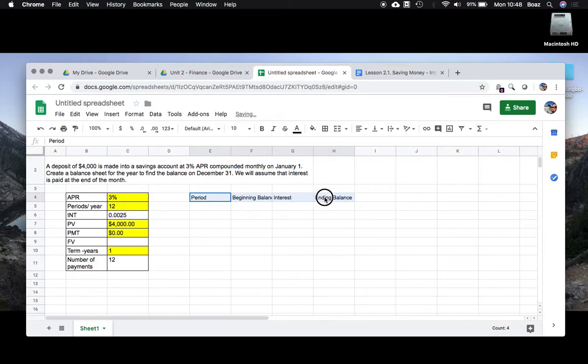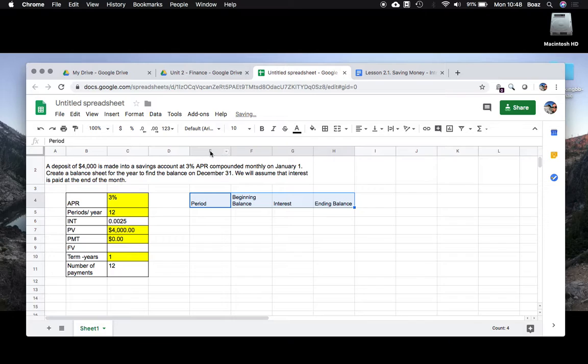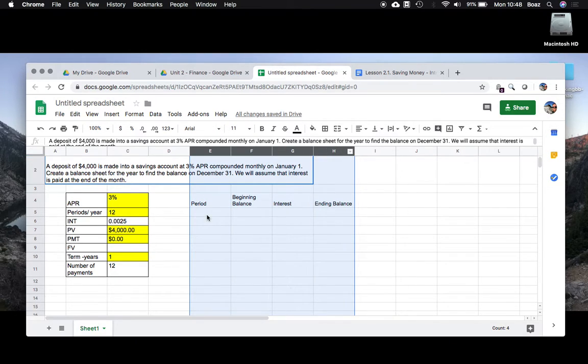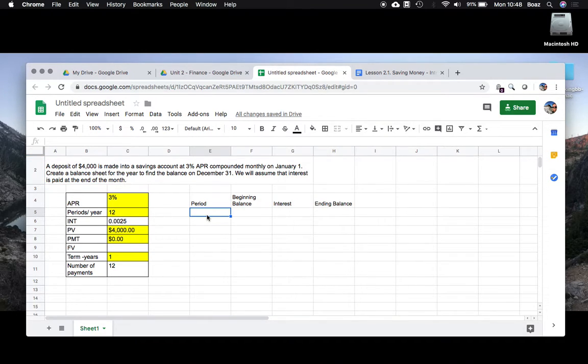And as some of you have seen already, it can be nice to wrap this. Then our periods start off with period 1. The beginning balance, I want to point that over to the present value here. What are we starting at? My interest is going to equal the beginning balance times the interest rate.